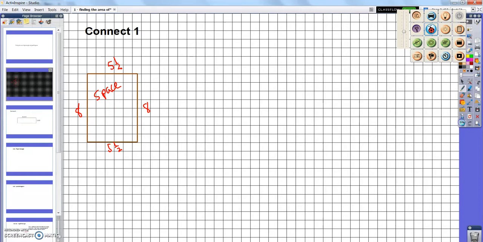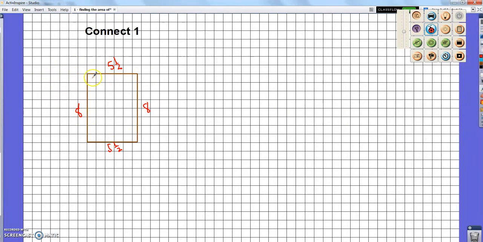And so one of our strategies for finding area in a rectangle in 4th grade was just to count the squares and say, there's going to be 8 this way and 5 this way. So not counting these little half ones, there's going to be 40 squares here.